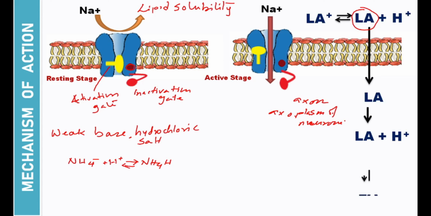Then after reaching inside the cell, the local anesthetic will gain a hydrogen ion and be ionized again, converting into the ionized form. This form is responsible for the local anesthetic action. That means they will block the sodium channel.